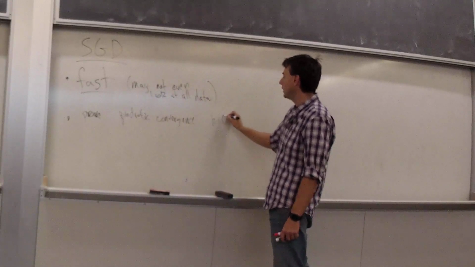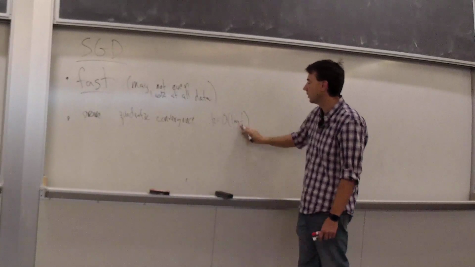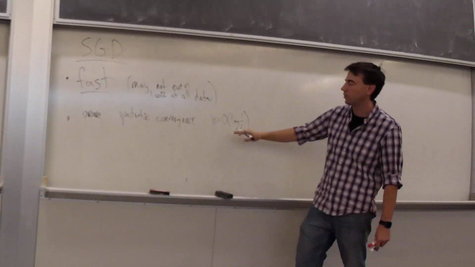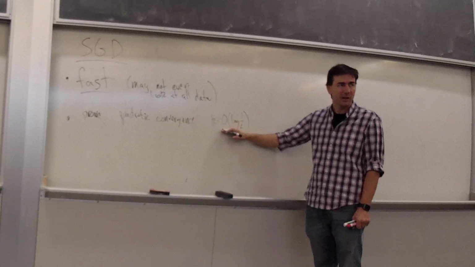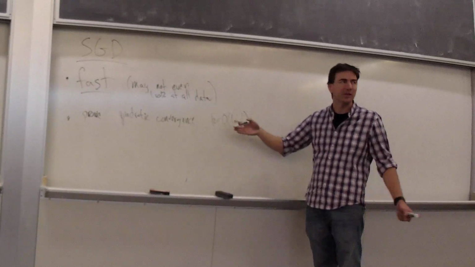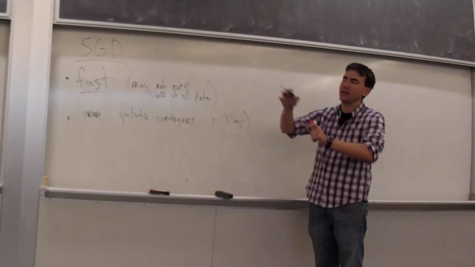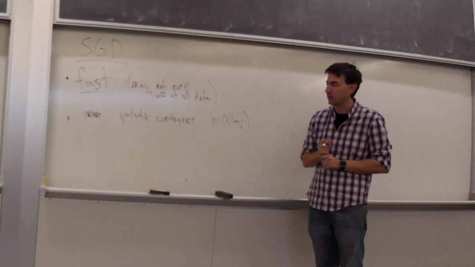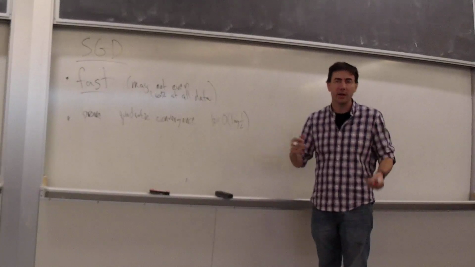That means I need roughly log 1 over epsilon steps, and I'm going to get to epsilon error. I can prove this under some conditions that are weaker than what I need for the batch gradient descent, but there's some ways you can prove this, it's randomness.